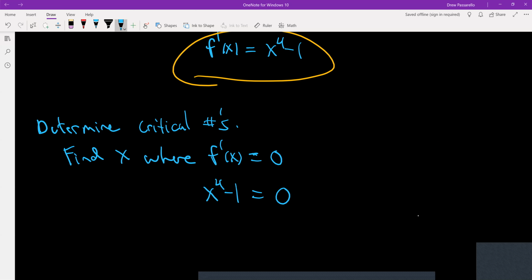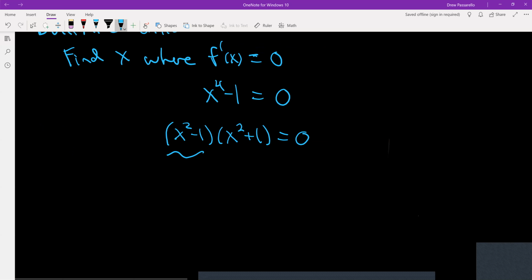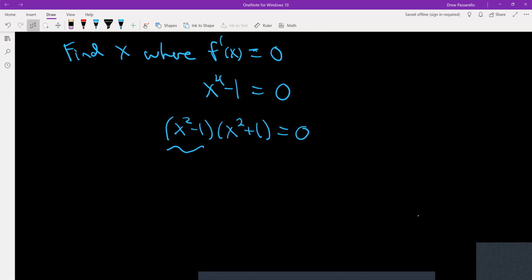Now I would factor this. So to factor it, I use the difference of squares factoring formula. And you could write this factors in the x squared minus 1 times x squared plus 1. Now the x squared minus 1, I could still factor that. So that turns into x minus 1 times x plus 1. All right, so these are my factors.